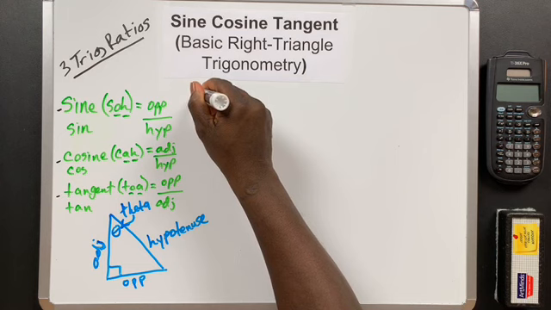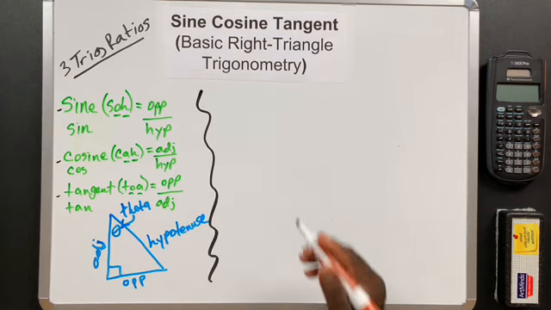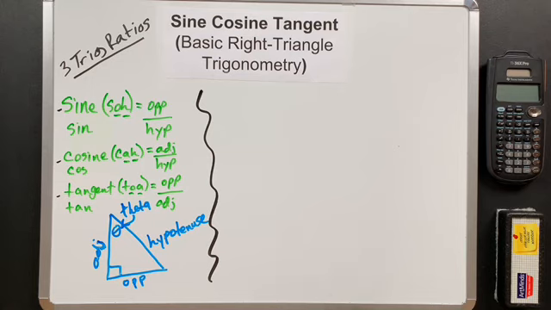So let me go ahead and separate this a bit. All right, so let's go ahead and get started. Usually when you're solving a right triangle trigonometry problem and you're asked to find the length of a side, you're given theta and the length of one side, and you have to calculate the other side.